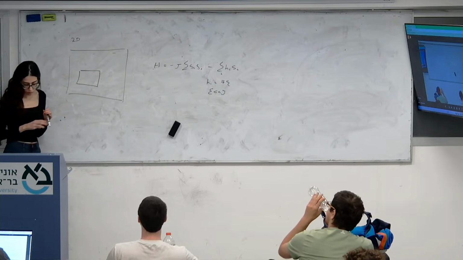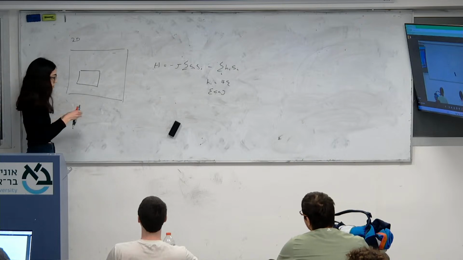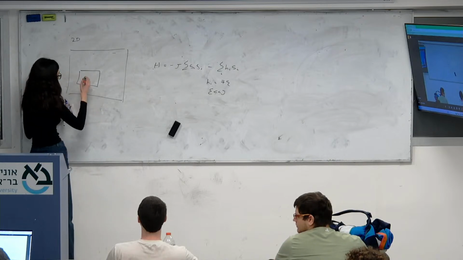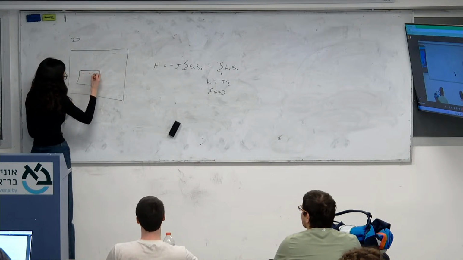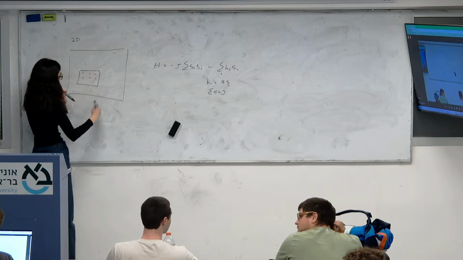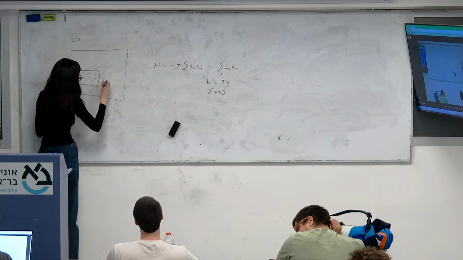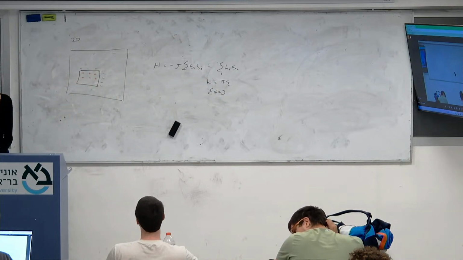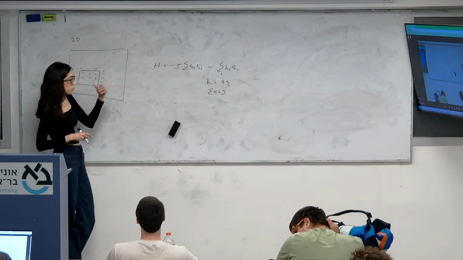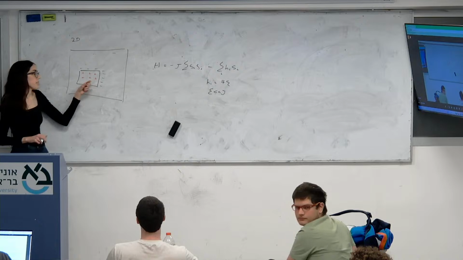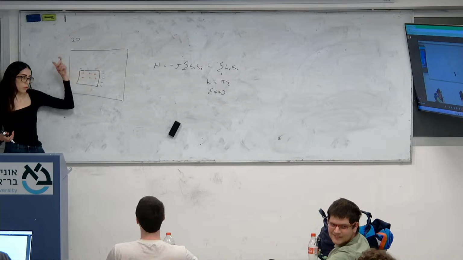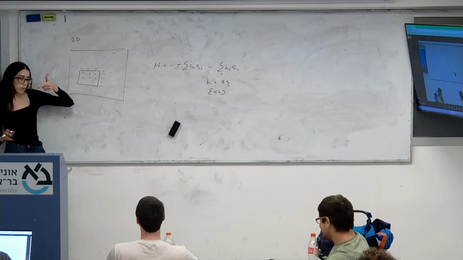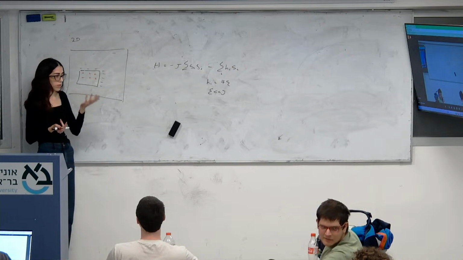I have a domain here with the pluses and the minuses. If I don't have any external field, we saw that eventually all of the spins aligned to the plus direction inside this domain are going to flip back to minus, and you're going to get a phase transition.